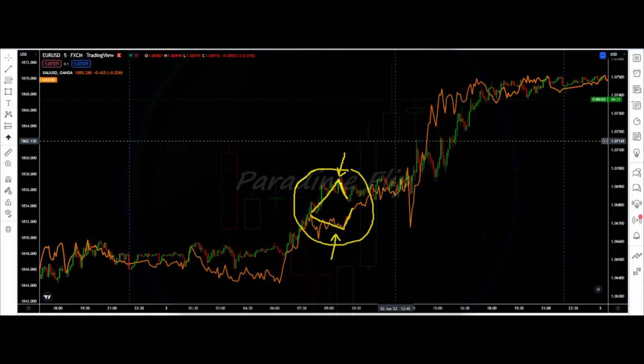Okay, so another example is this area here, right? You can see the spread between the two widening and they narrow, right? Same thing here. The spread between the two is widened and they're narrowed. And notice that the gold goes up and the euro US dollar goes up as well.